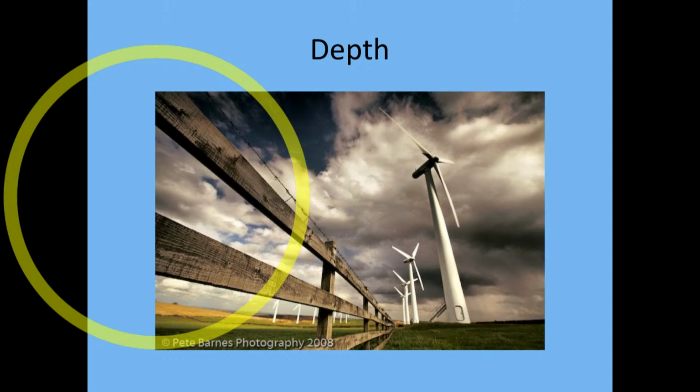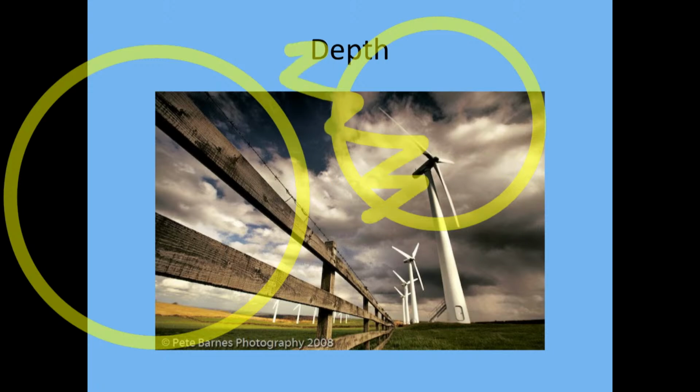But this fence is our foreground. We have these turbines, which are our midground. And then the background is all of the sky back here. So we have three different dimensions. Very interesting.